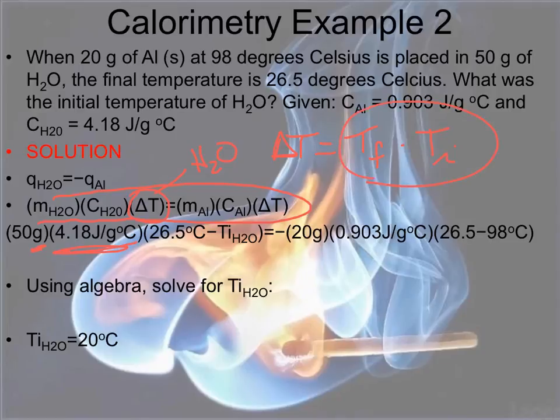Go ahead and make your substitution anytime you see delta T. Now, in this case, we were given the final temperature instead of the initial. Here's the final temperature of water. Actually, final temperature is the same for both of them. And we were given the original temperature of the aluminum block, 98 degrees.